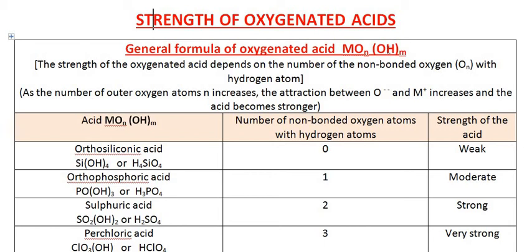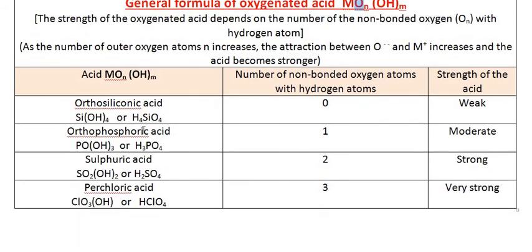This oxygen, which is bonded to hydrogen, has no value, but as the number of oxygen atoms that are not linked to hydrogen increases, the strength of the acid increases.